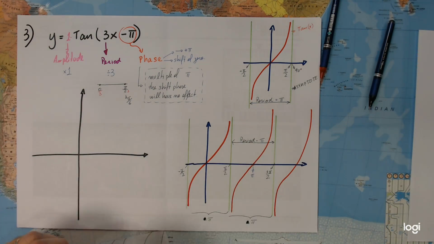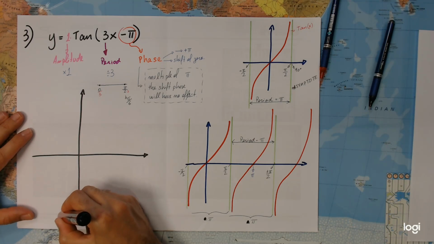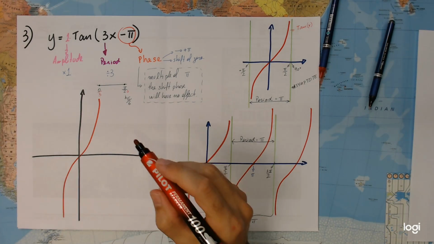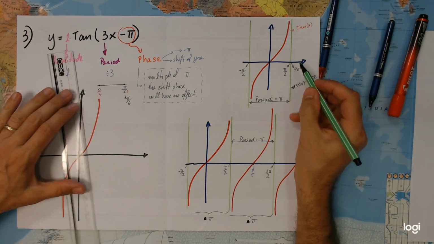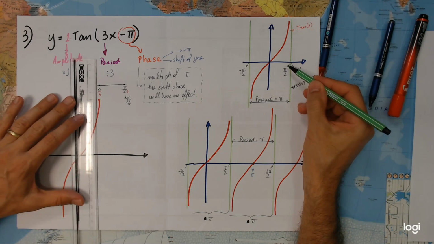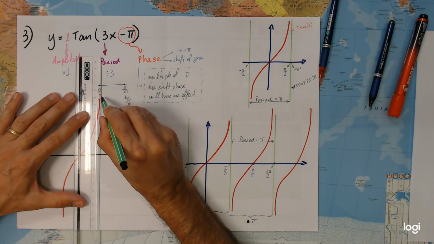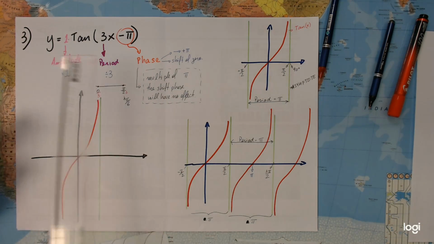And again, what is going on is that we are going to have a much thinner curve. Instead of stopping at pi over 2, we are going to stop much before that.